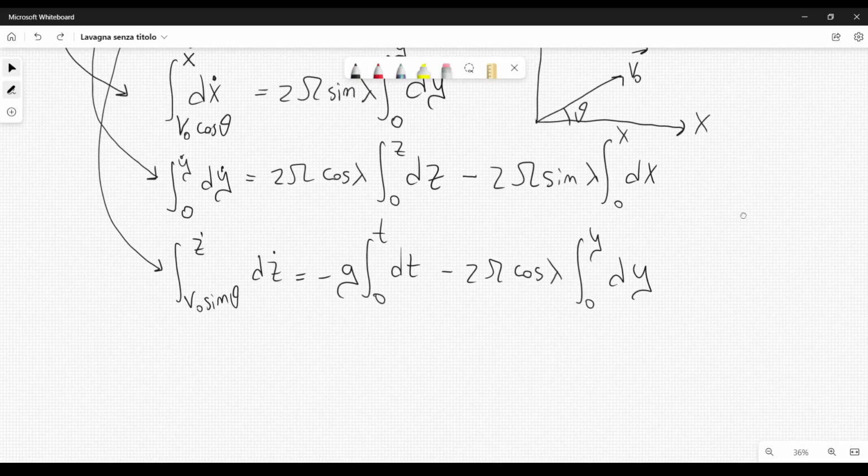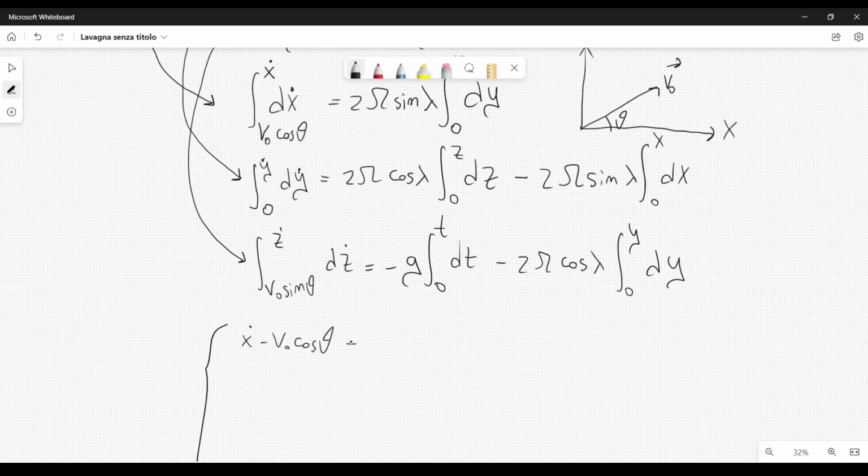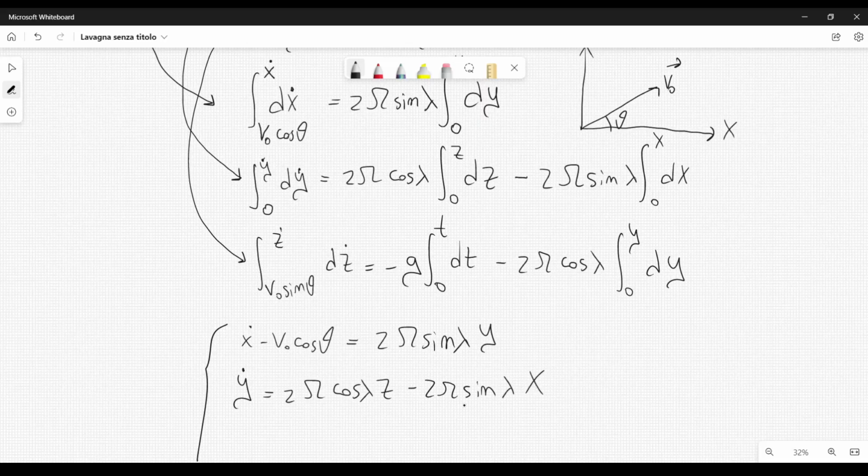Now if you integrate these three equations, you can rewrite them like this. You have x dot minus v0 cosine theta equal to 2 omega sine lambda times y. Then y dot equal to 2 omega cosine lambda z minus 2 omega sine lambda x.